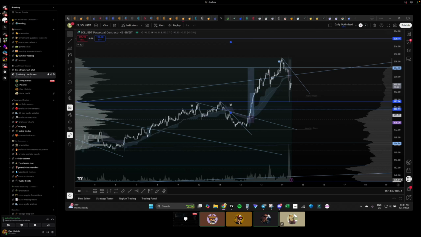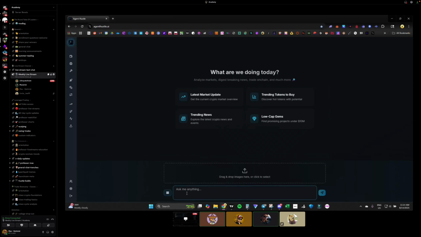I usually do both: here's what I think it looks like, here's the contract address. Then, all right, tell me everything you see on SOL USDT when it broke out on August 12, 2025, and expanded from 179, which is about where I got in, to the 204 region.